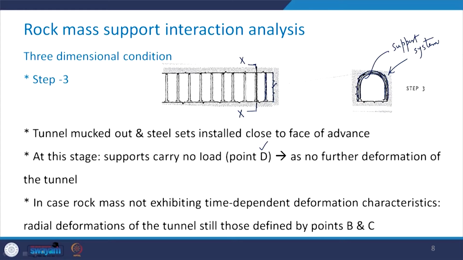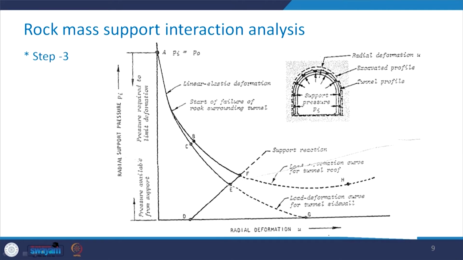Because no further deformation of the tunnel is taking place due to the installation of this support system, which is in the vicinity of the tunnel face. In case of the rock mass not showing the time dependent deformation characteristic, these radial deformations of the tunnel will be still those which were defined by the points B and C of the step 2. Take a look here.